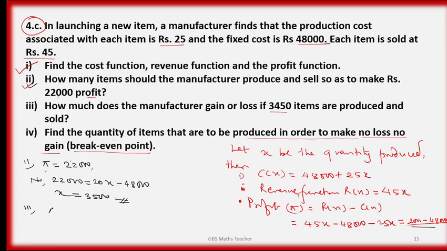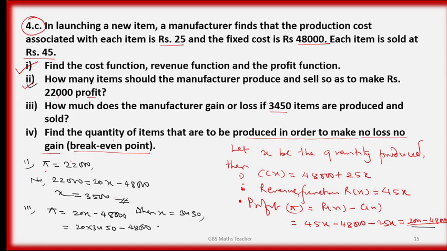So we know pi equals 20x minus 48,000. When x equals 3,450, then you can find 20 into 3,450 minus 48,000. Here we will get 21,000.